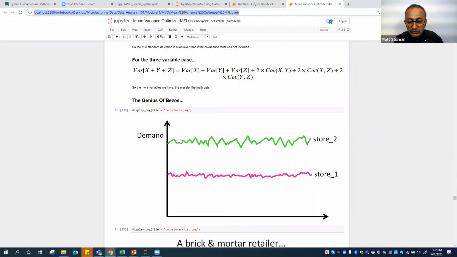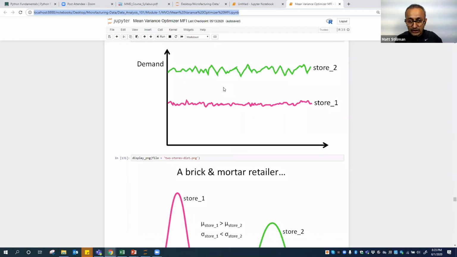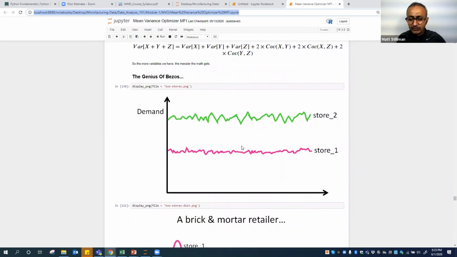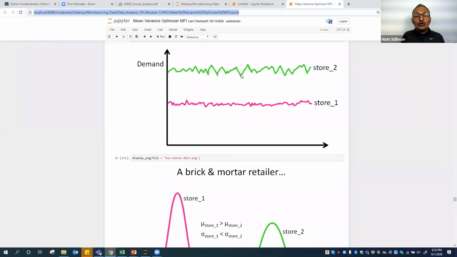When you add a lot of these demand distributions for individual stores, as opposed to for Amazon, which can combine them in a central distribution center, you technically don't have to hold as much inventory in stock. If you are working anywhere in retail, inventory is like a nightmare.